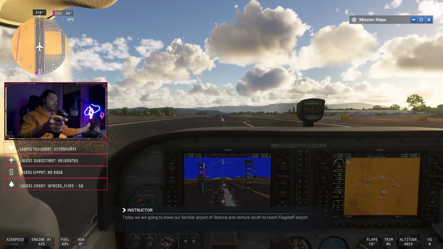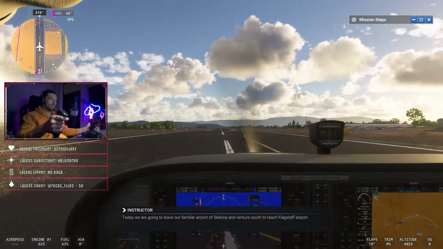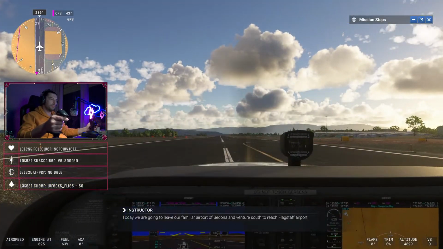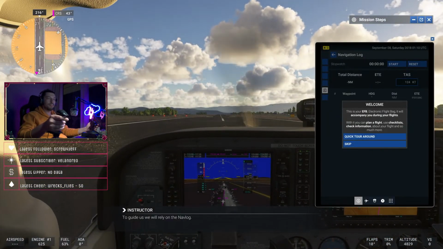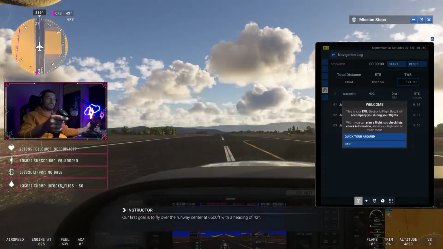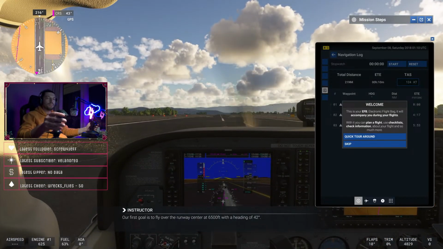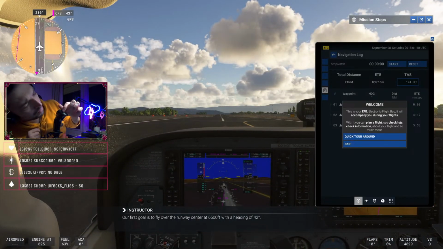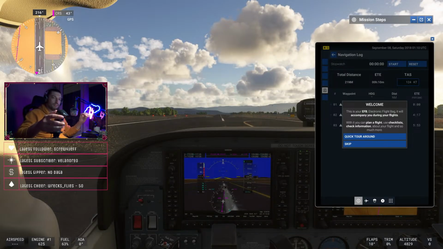Today we are going to leave our familiar airport of Sedona and venture south to reach Flagstaff Airport. To guide us, we will rely on a navlog. It references the different legs to complete to reach our final destination. Our first goal is to fly over the runway center at 6,500 feet with a heading of 423.